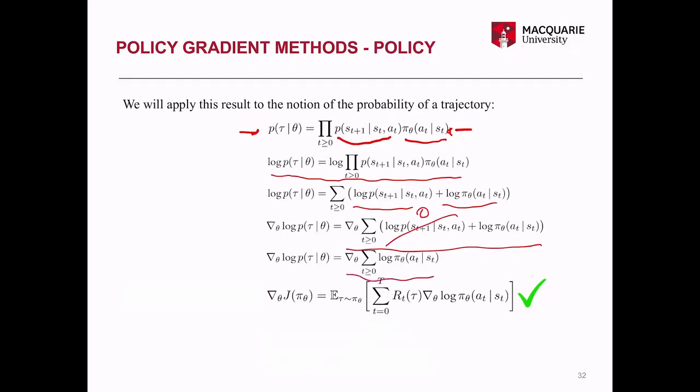And here we have the final formula. And this is actually the holy grail of this whole policy gradient method. We can directly turn this into an algorithm, and that algorithm is called reinforce. It's very important. Almost all actor-critic algorithms are using this formula.